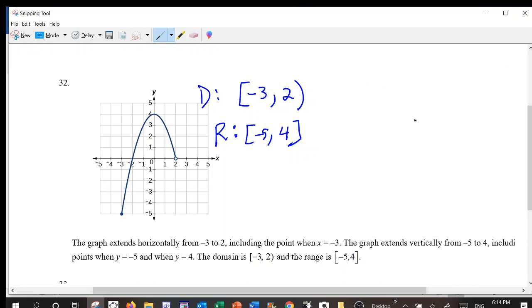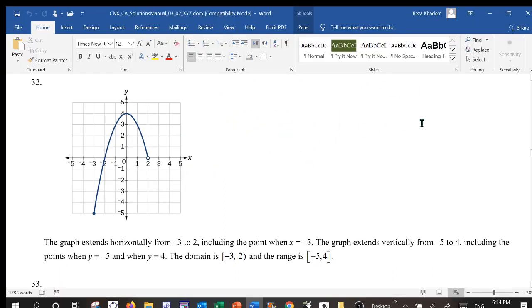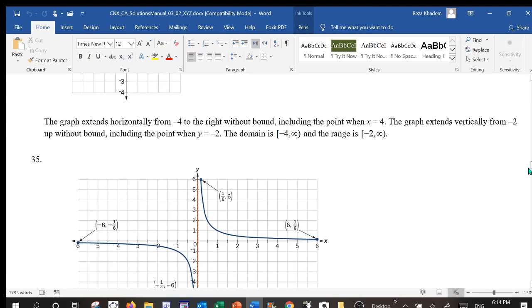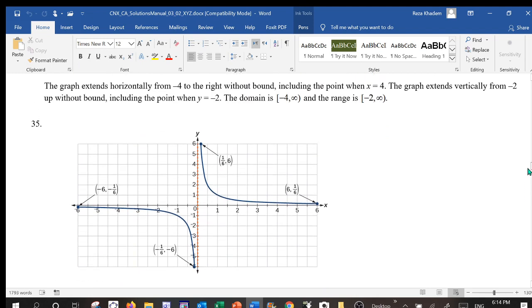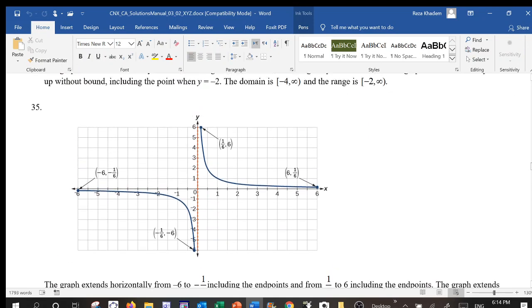Okay, all right. And now what about number 35? It says the graph extends horizontally from that. So here we go, this is number 35.